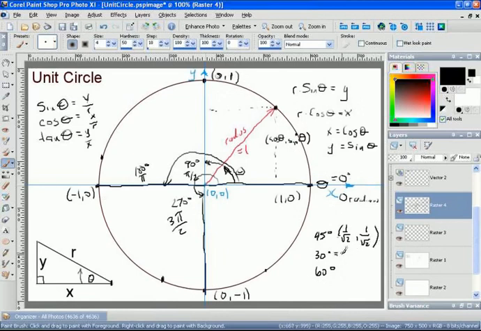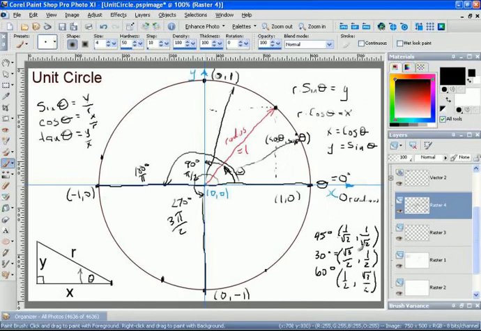For 30 degrees, that would be a line sort of like so. Then that coordinate works out to be root 3 over 2 and a half. And for 60 degrees, that's a line that's a little bit higher than 45, something like this, and that one works out to be a half and root 3 over 2.